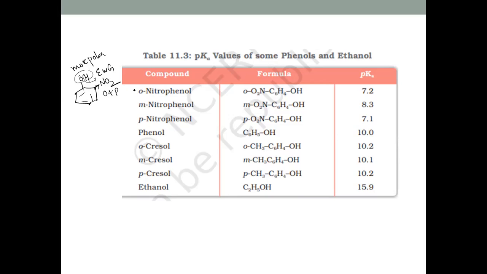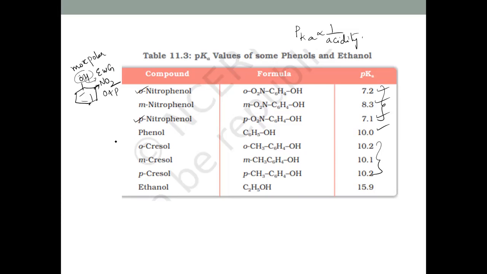That is why ortho and para are more acidic. The pKa is inversely proportional to the acidity. The lower the pKa, the more acidic it is. So first comes para, then ortho, then metanitrophenol, then phenol. That is why nitrophenols are more acidic than phenol.